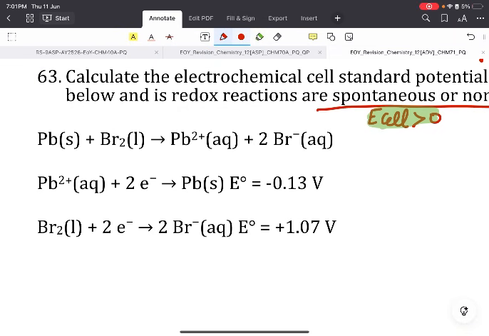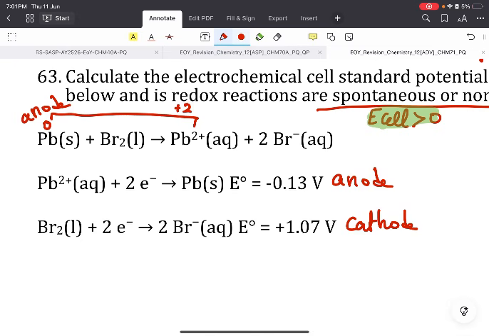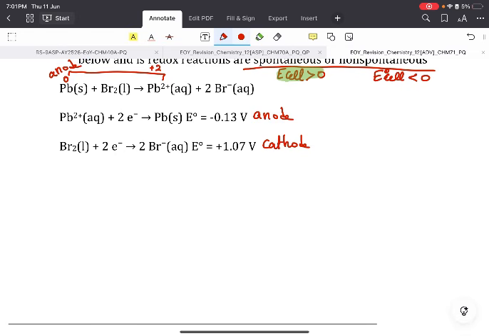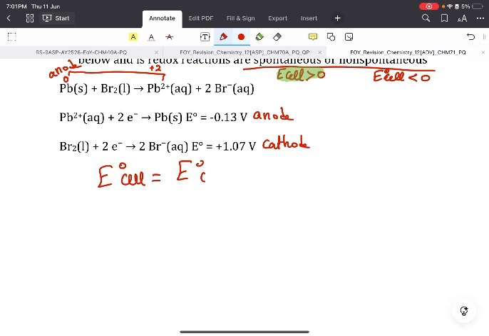I'm going to look at the equation given. This is 0 going into +2. So that's the anode. And this is taken as the cathode, reduction. Therefore, I'm going to calculate E cell. The formula is in your formula sheet.